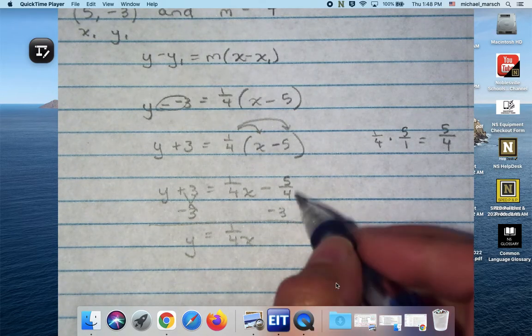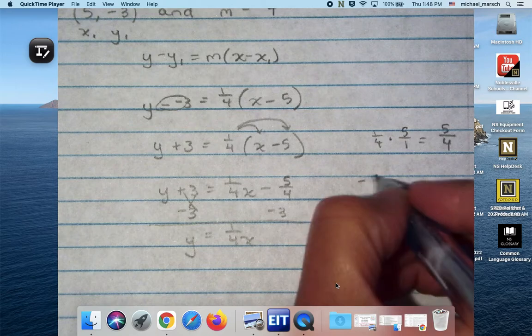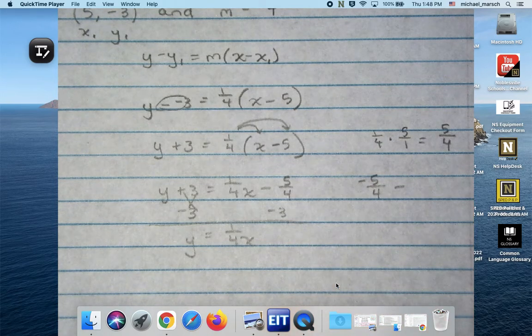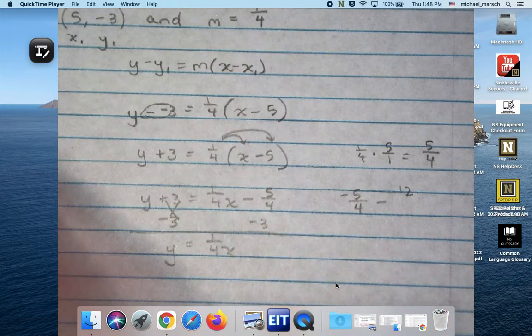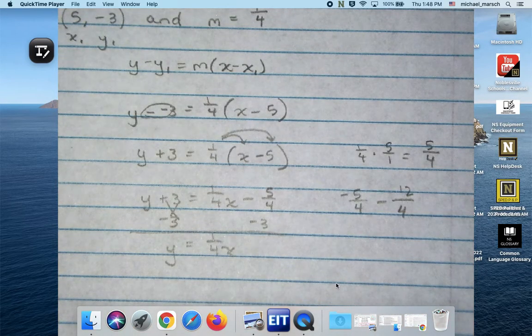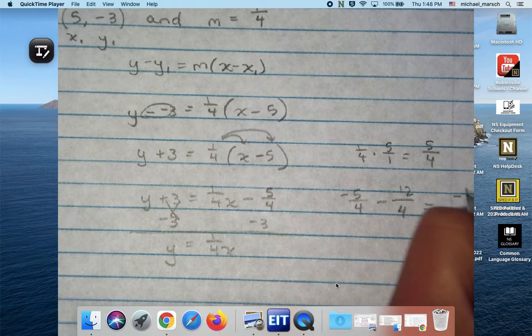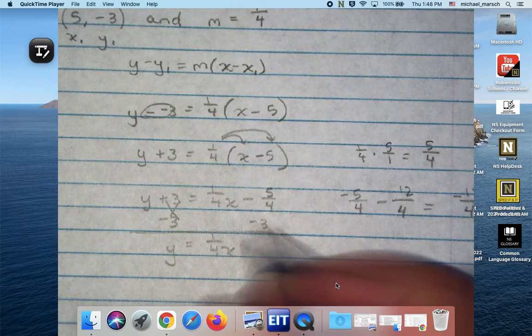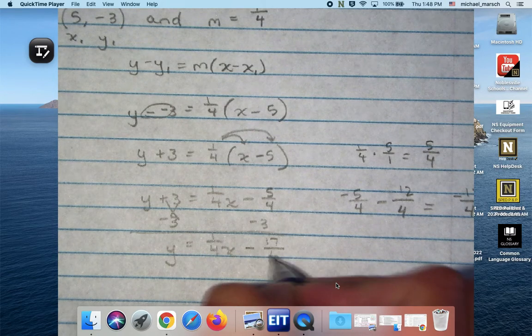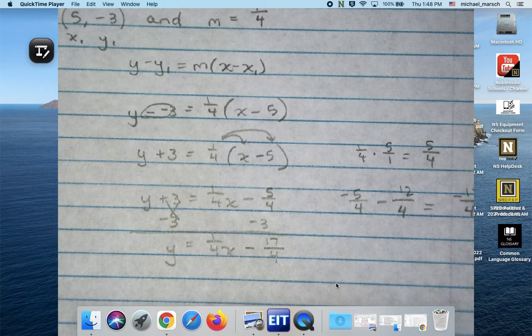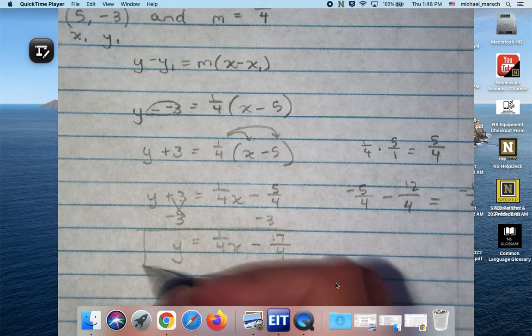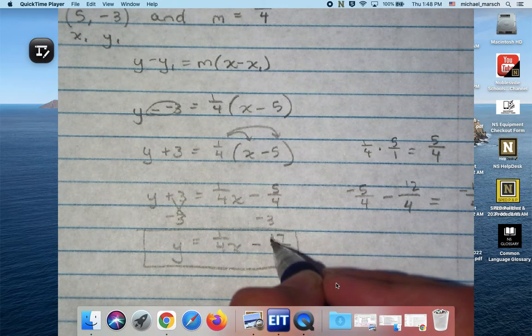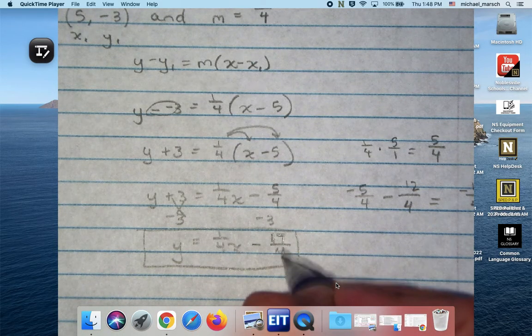So how could I rewrite negative 3? Negative 12, or just minus 12 over 4. So now I've got negative 17 over 4. How would you write negative 17 over 4 on the graph?